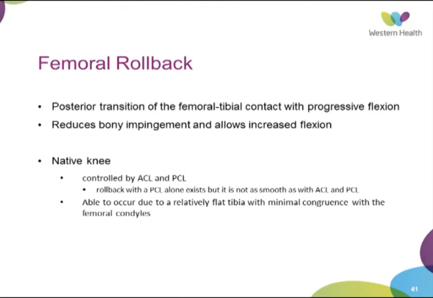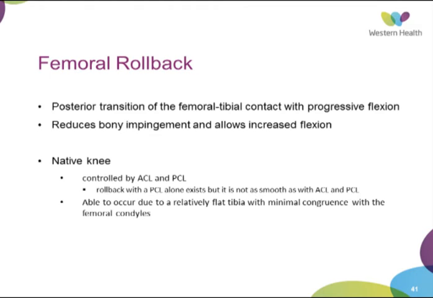One thing in considering the design of prosthesis is understanding the concept of femoral rollback. Now, with our normal knee, as we flex our knee, the point where the contact forces are going through the knee progressively moves more posteriorly with increased flexion. And this reduces bony impingement and allows more flexion.